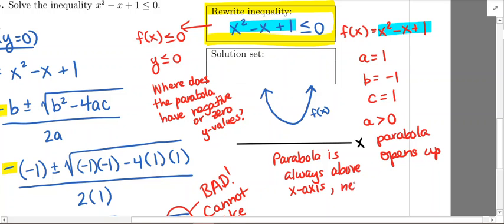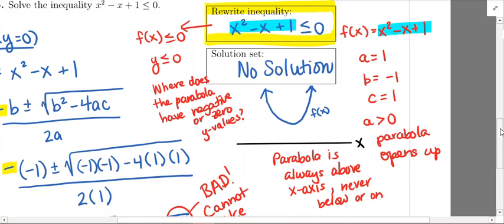It's never below or on. The solution to this inequality is where we have negative y values on the parabola. Well, we don't have any, because the parabola is always above the x-axis. As a result, this inequality has no solution.